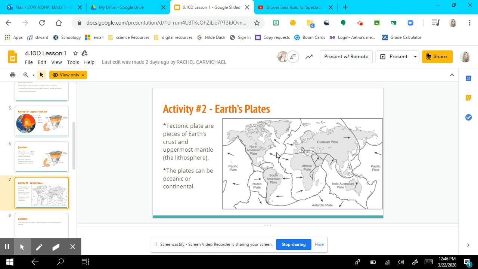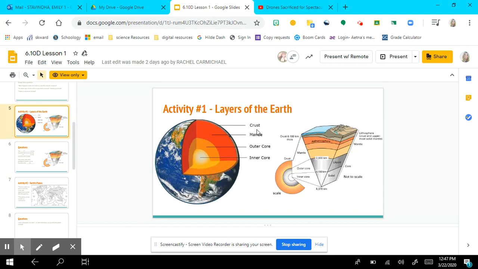They're like giant puzzle pieces that fit together, and they're moving. Tectonic plates are pieces of Earth's crust and uppermost mantle. Remember, the lithosphere is Earth's crust and the upper mantle.